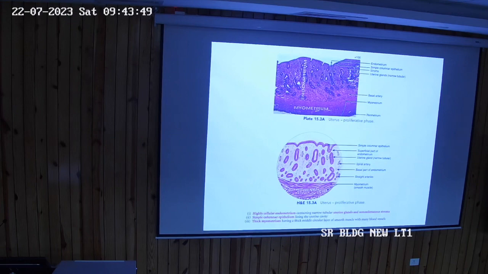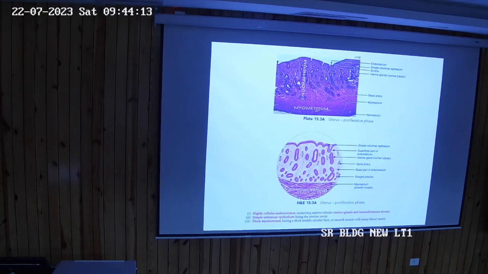So the functionalis part undergoes the hormonal changes and is also lost in menstruation. The stratum basale part remains intact. There is no change in the stratum basale part. Clear this thing in your mind.